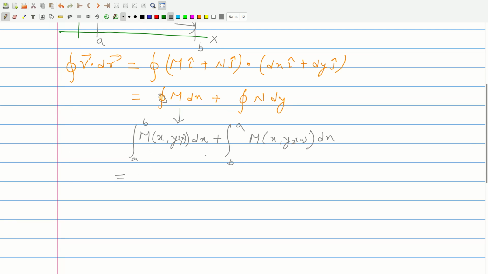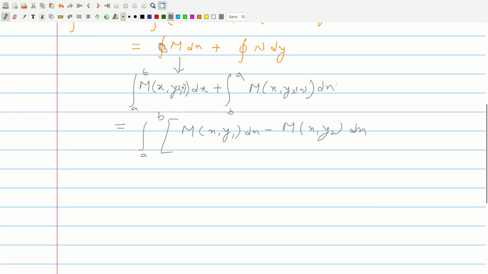Now, if you change the order of integration, the second term will give this. It will give a minus sign. Now you can take dx common, a to b, M(x, y1) minus M(x, y2). dx is common.